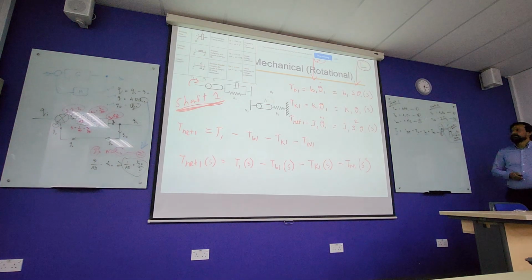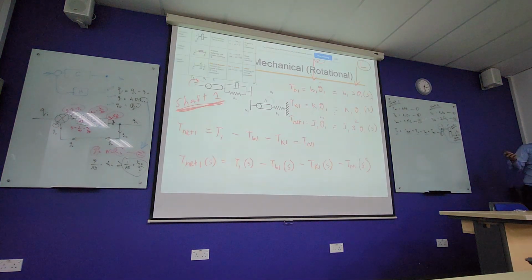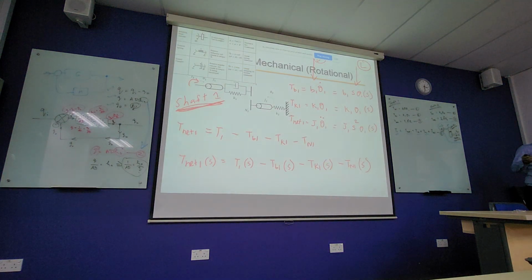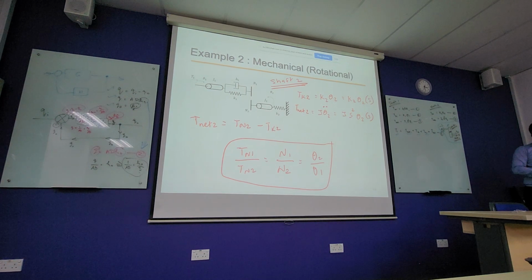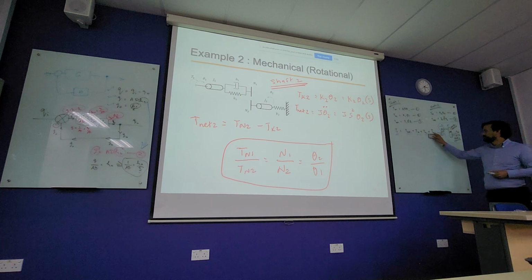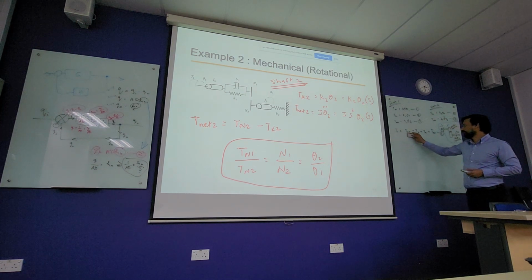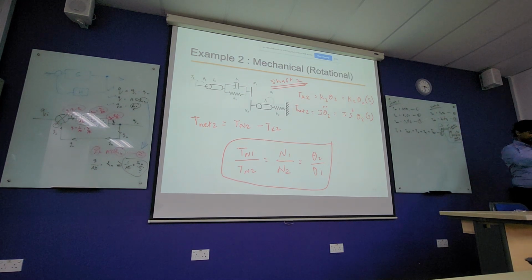Okay, and yes, sorry. So this is the fourth equation, and the last one, of course, we are going to use shaft 2 to write. That's the seventh equation.